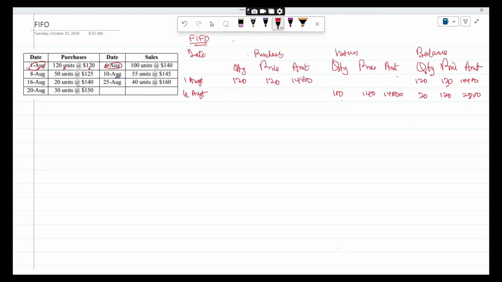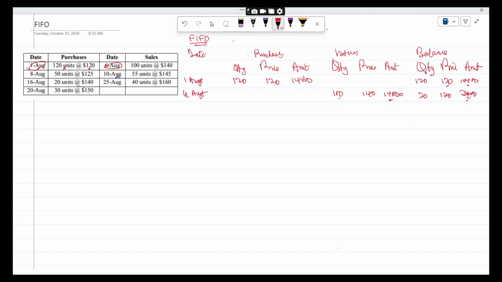That is 2,400. Sorry, I made a mistake there. So 2,400. So when you subtract this from this and multiply by 120, you are going to get 2,400.